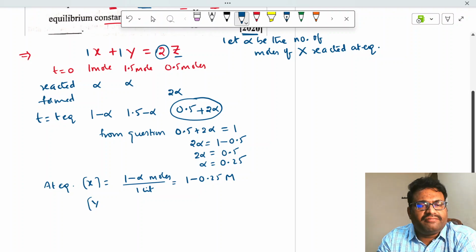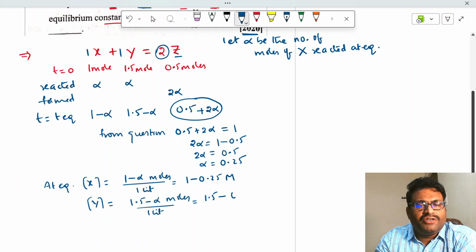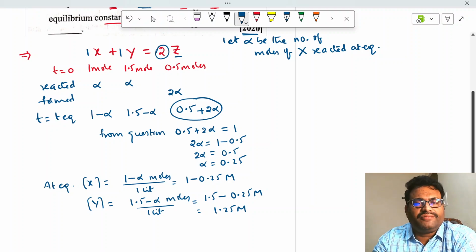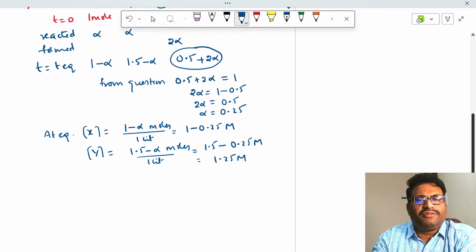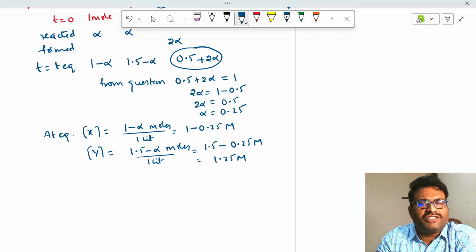The concentration of y is 1.5 minus alpha moles by 1 liter, that is 1.5 minus 0.25 molar, which is equal to 1.25 molar. Okay, then let us continue here. Concentration of z.